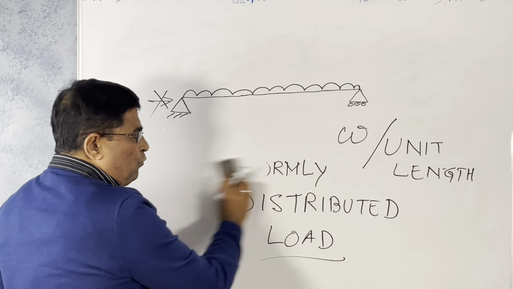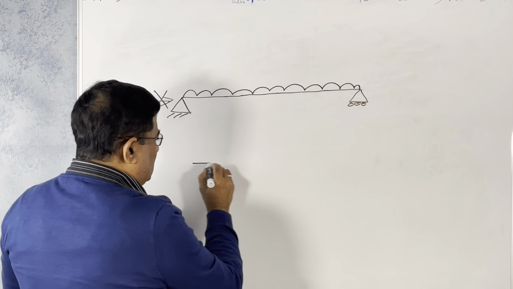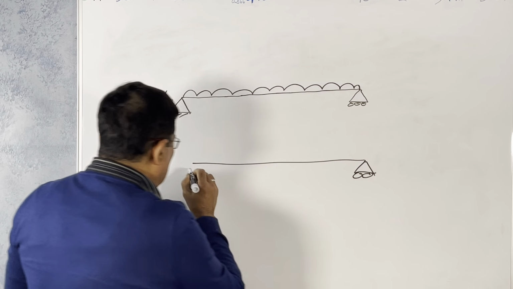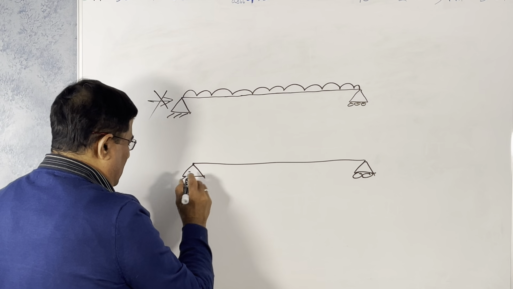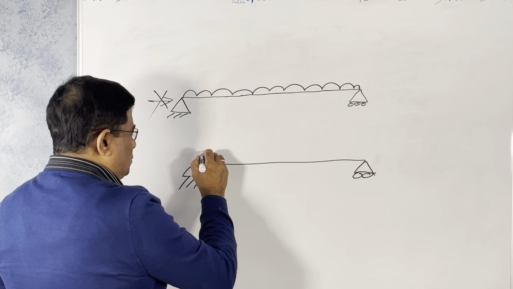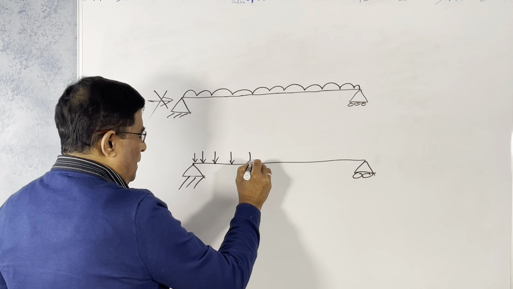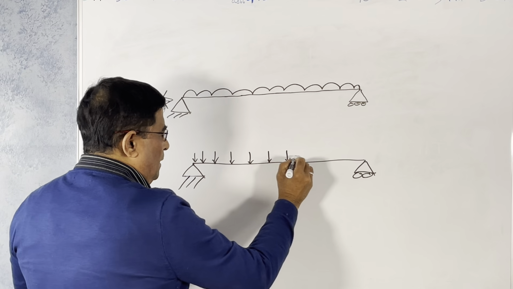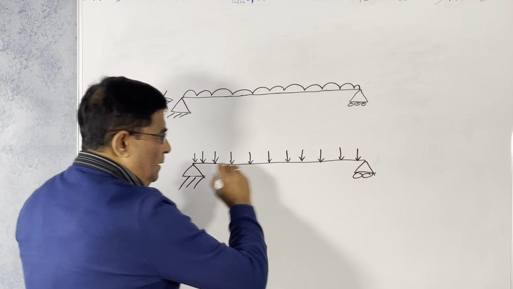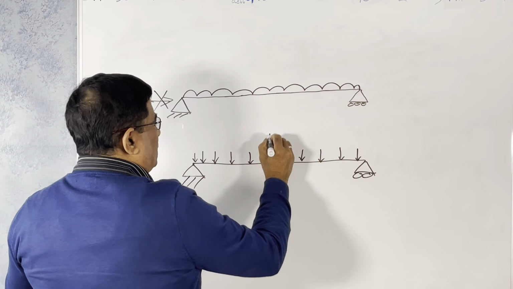And sometimes the uniformly distributed load is shown like small arrows, something like this. This is your beam, this is your support, and they are shown as small arrows. The meaning is the same. This is a uniformly distributed load, say W.